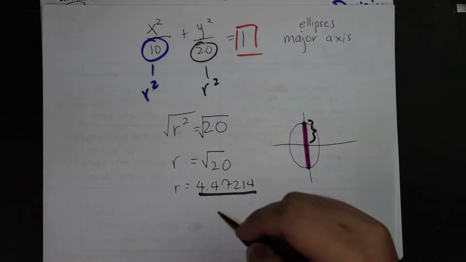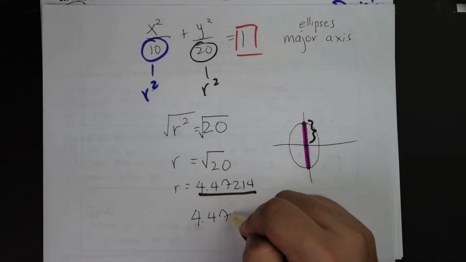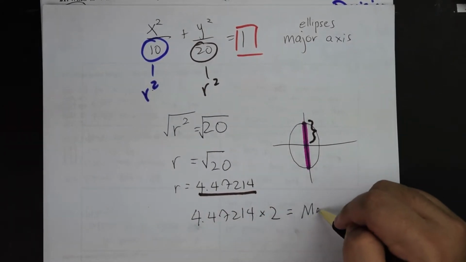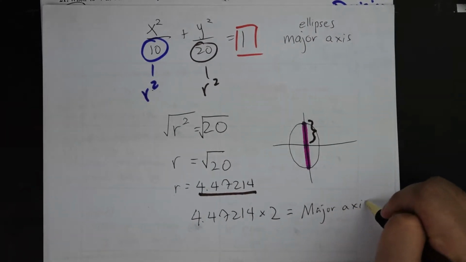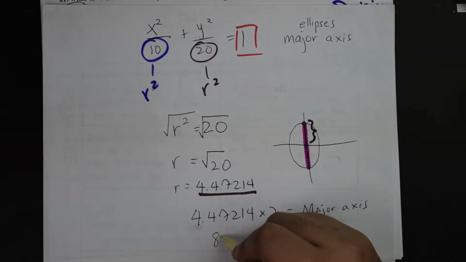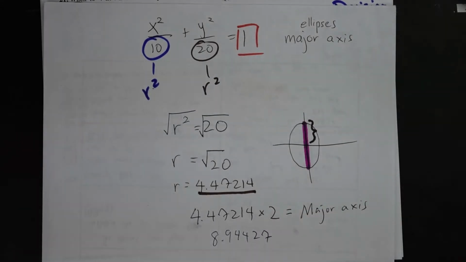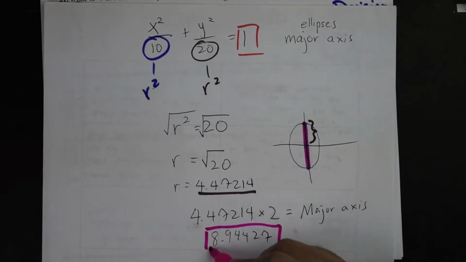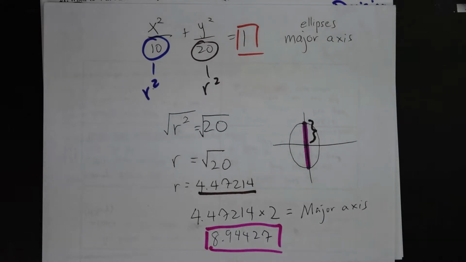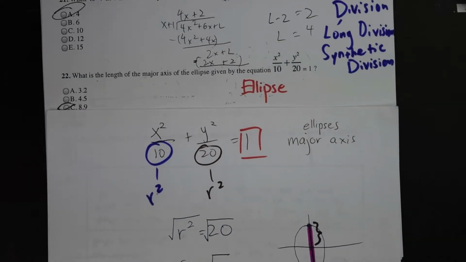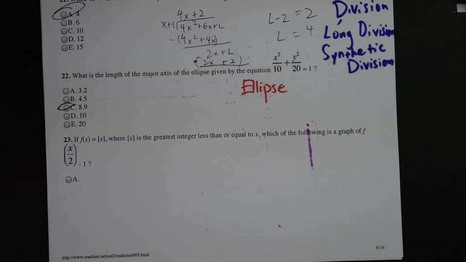To find the diameter, I just need to do 4.47214 times 2. This will equal my major axis measurement, and thus I ended up with a value of 8.94427 on the calculator. That would be my answer for this question. The answer choices are pretty rounded off, and thus I got the answer 8.9, which concludes my explanation for number 22.